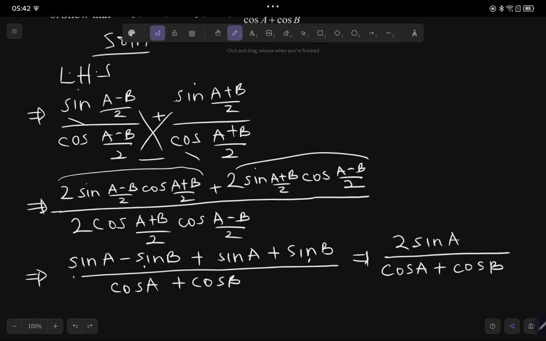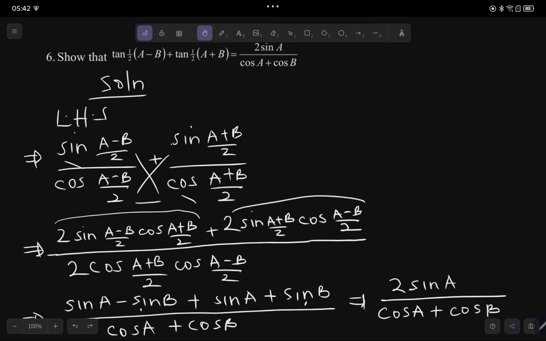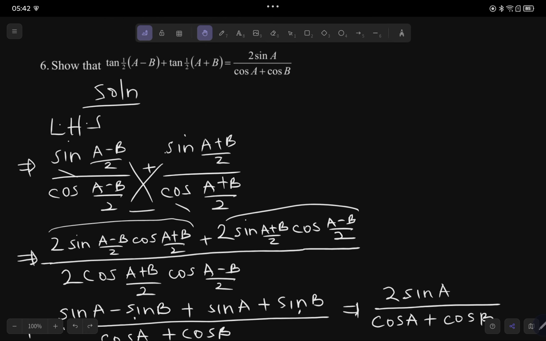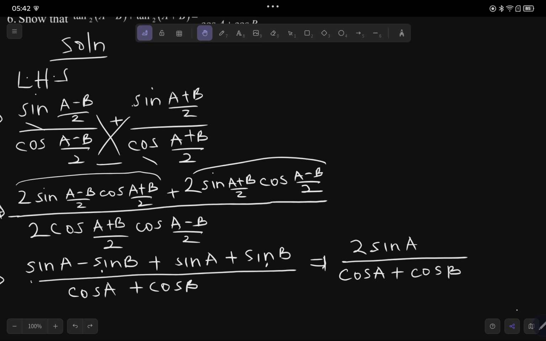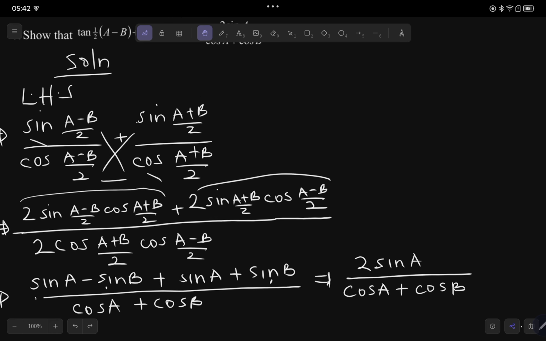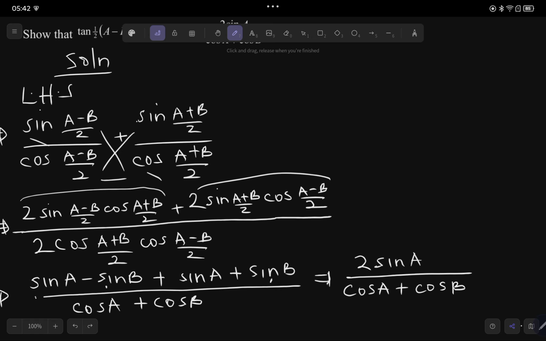I think that one is our right hand side. Yes, right hand side as required of us. It is equal to our right hand side as required of us.